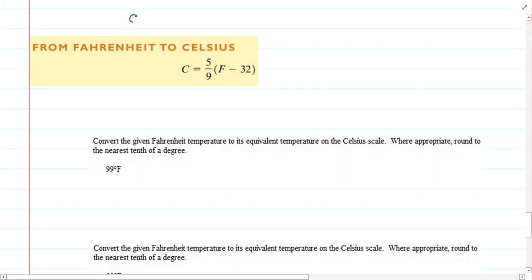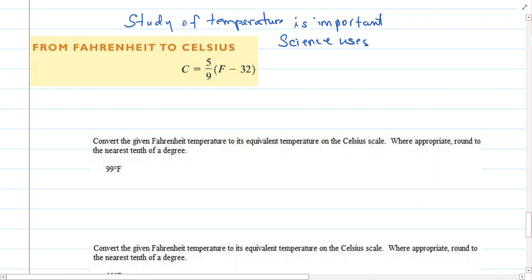The study of temperature is important. Science uses Celsius or Kelvin, depending on what gambit of science we're in, and Europe uses Celsius for their temperatures.